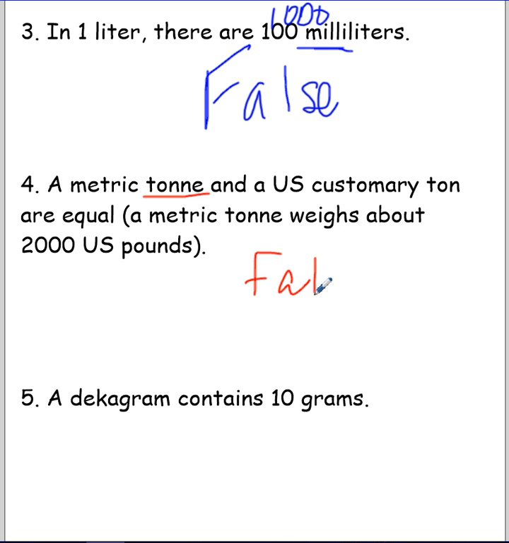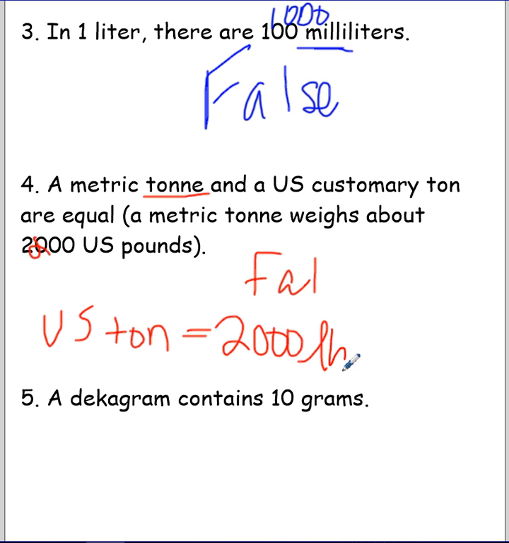A metric ton weighs about 2,200 pounds, where a U.S. ton, if you remember, is 2,000 pounds. So there's about 200 pounds more weight in a metric ton than a U.S. ton.